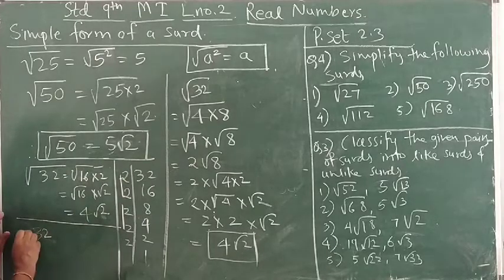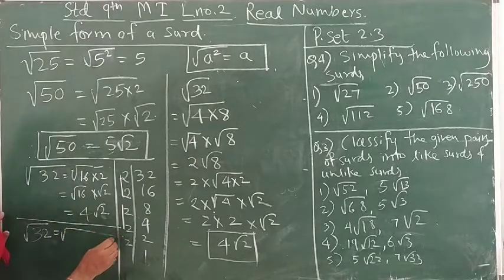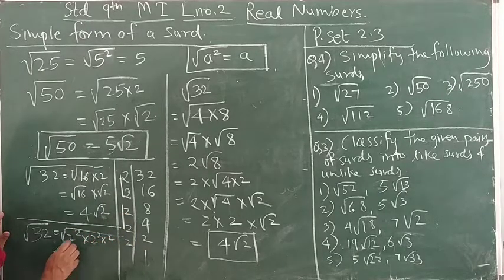You can write square root of 32 as under the square root, 2 into 2, that is 2 square, 2 into 2, that is 2 square, and 1 time 2. Whichever has 2 squared, the square root is going to be 2, here also 2, and this 2 alone we put under the square root sign, so you will get 4 root 2.